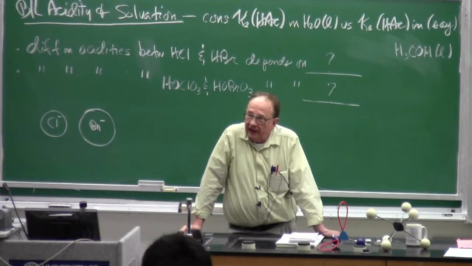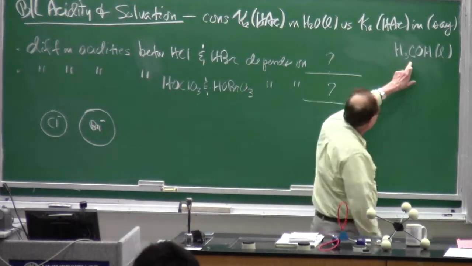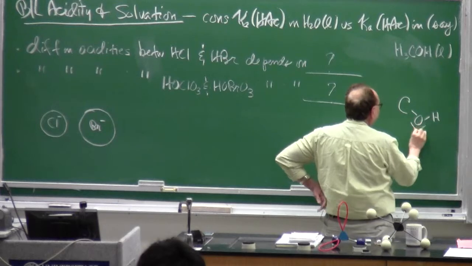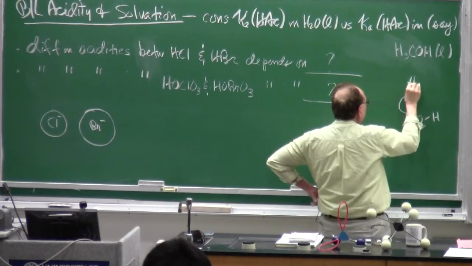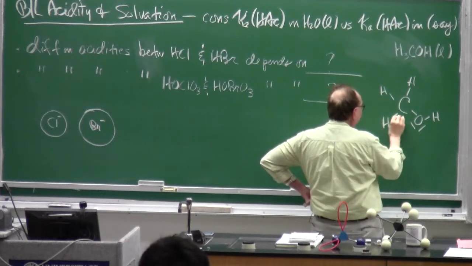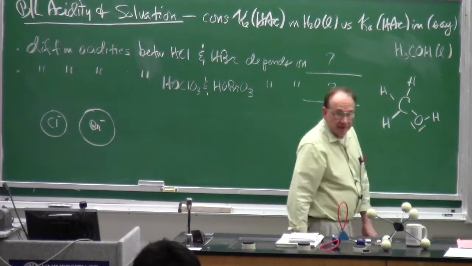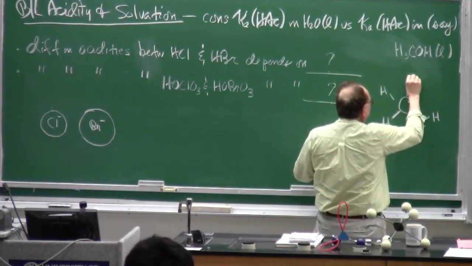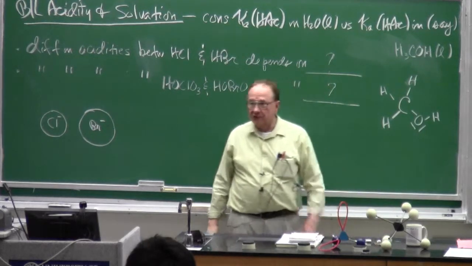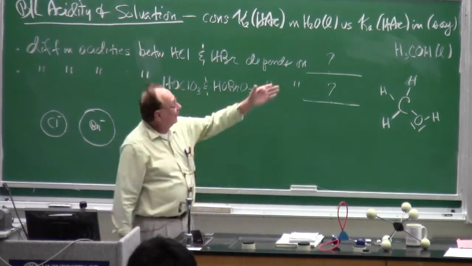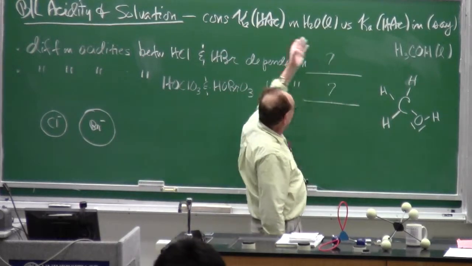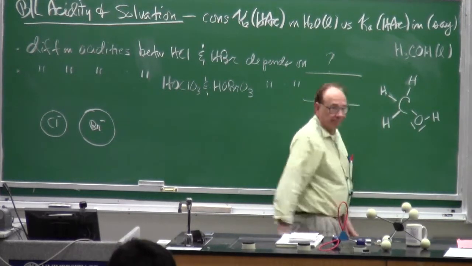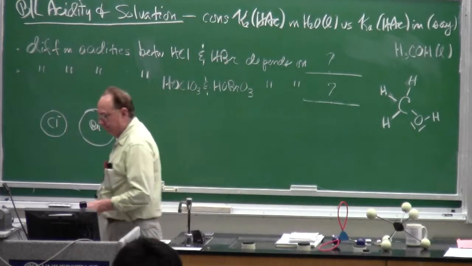If we were to observe Ka for acetic acid in methanol as solvent, and this investigation has been done, would we get a Ka value in methanol for acetic acid, which is 1.8 times 10 to minus 5? Or would Ka acetic acid in methanol be bigger than 1.8 times 10 to minus 5 or smaller than 1.8 times 10 to minus 5? What do you think?